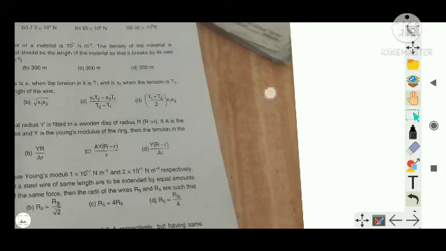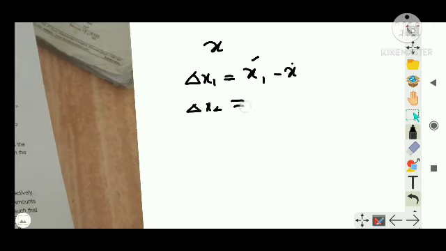You are asked what is the original length, from where the extension came up. So let us say x is the original length of the wire. Delta x1 will be the change in length, new length minus old length, and the second extension is equal to x2 minus x.